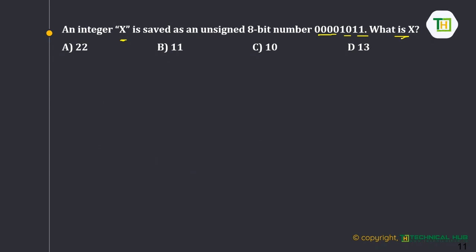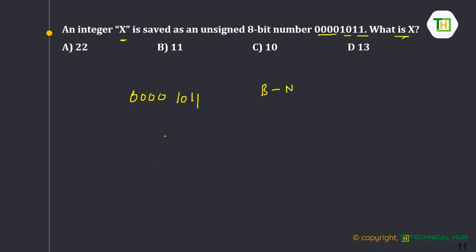What is x? So what is the number given here? 00001011. So this is a binary number. So you know how to convert a binary number to a number.